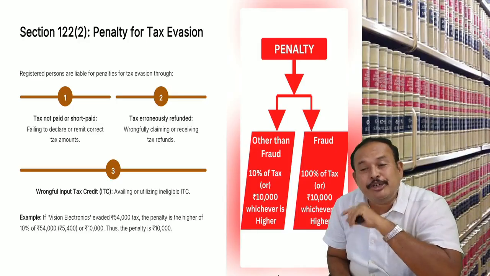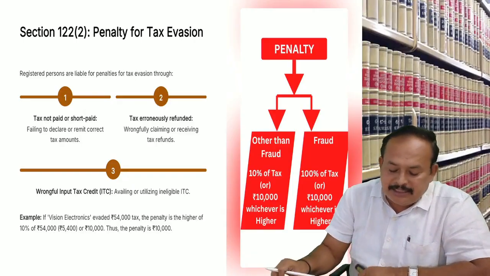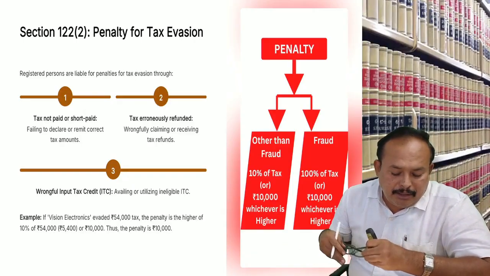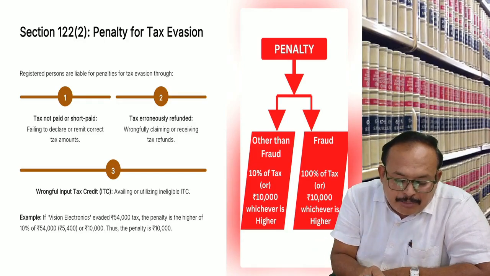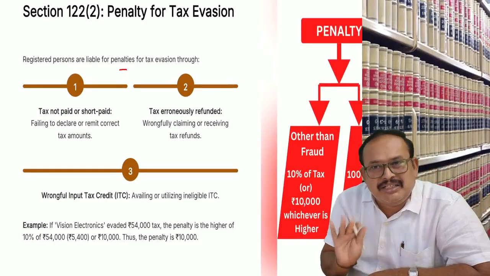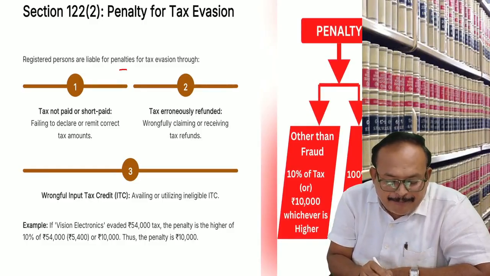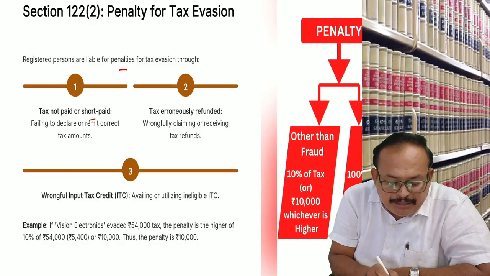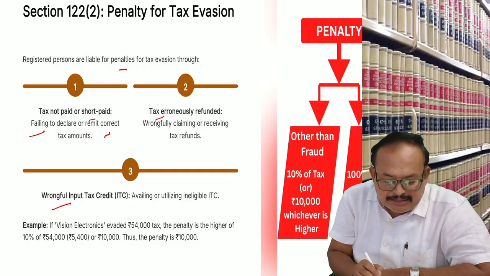Now referring to 122(2), which says that registered persons are liable for penalties for tax evasion. For tax evasion, they are liable to pay a penalty: tax not paid or short paid, failing to declare or remit the correct amount of tax, tax erroneously refunded, wrongly availing the input tax credit.